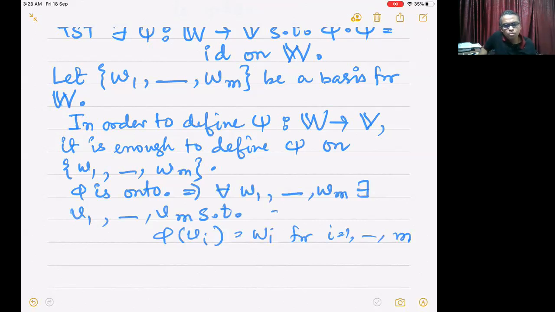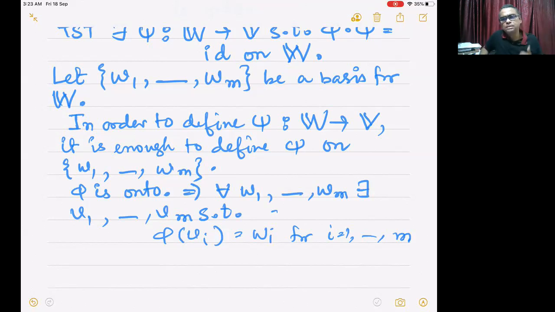Because phi is onto, so for every W there is a V. In particular for these basis vectors W1 up to Wm, there will be V1 up to Vm. There could be multiple such V1 up to Vm. There is no uniqueness here, but there will be at least one.